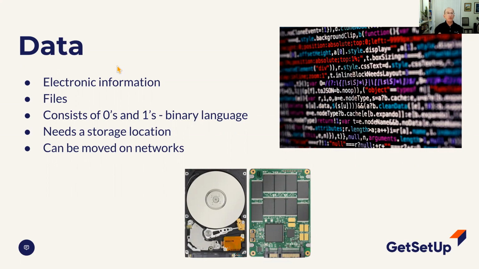When you download files, you are downloading electronic data, and all of these files can be interpreted by your computer in an application that can open files. If you have a photo, your computer uses an application that can open photos. If it's an email, it uses an application that can open emails. If it's a web page, it uses an application that opens web pages.